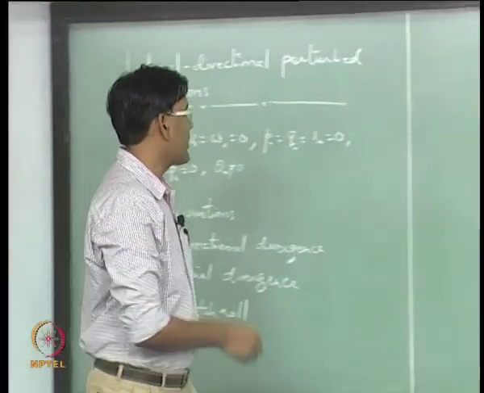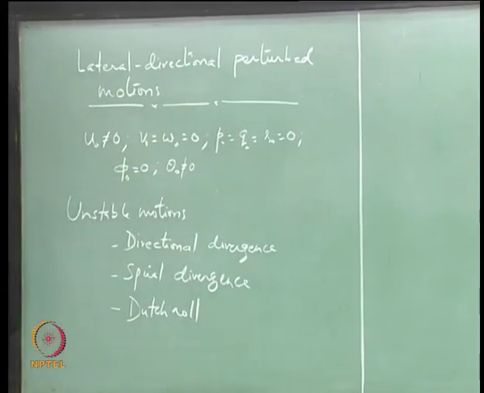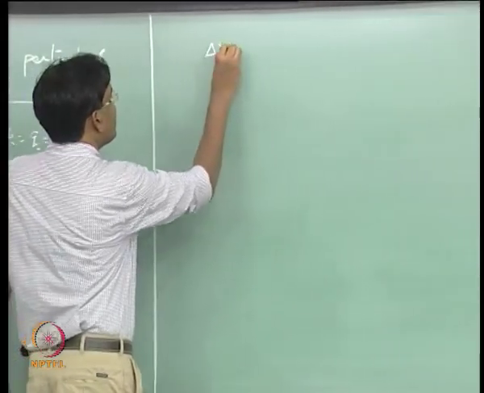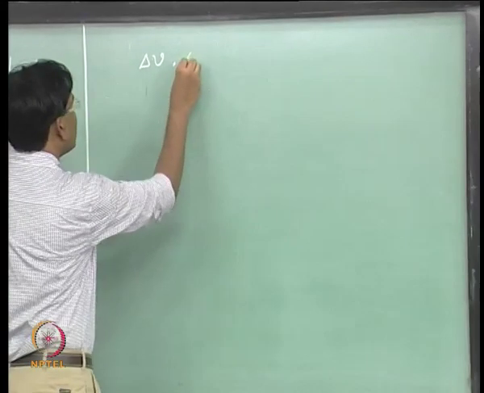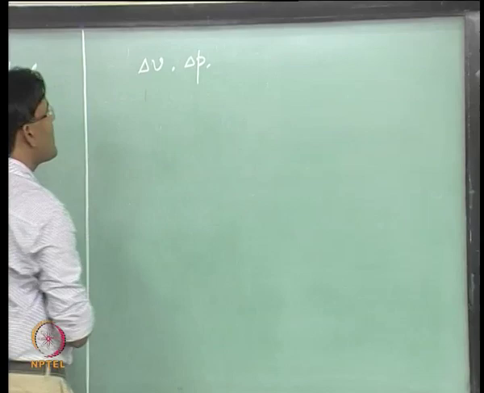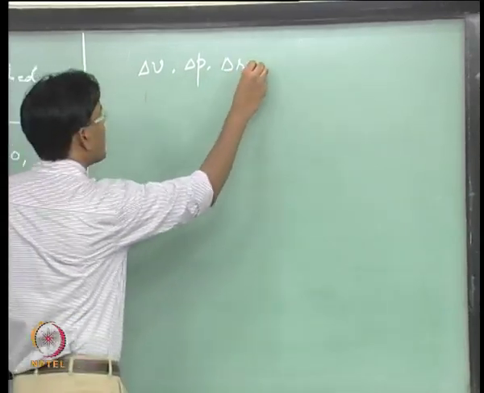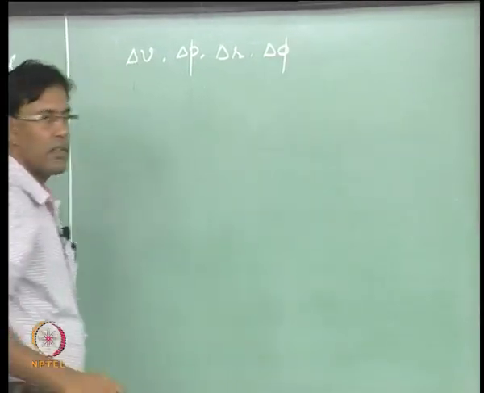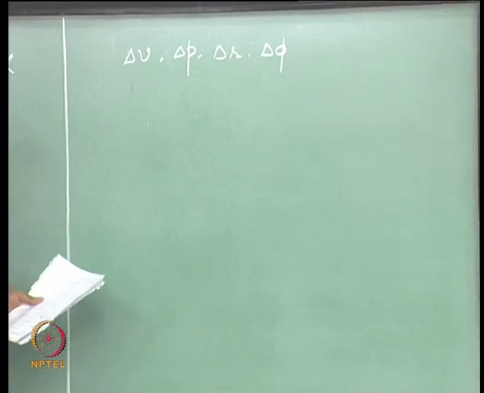Right. So, these motions are actually coupled motions in lateral directional variables, and those variables are side velocity, roll rate, yaw rate, and bank angle, right. Perturbation in these state variables.